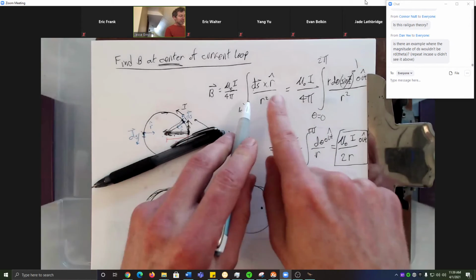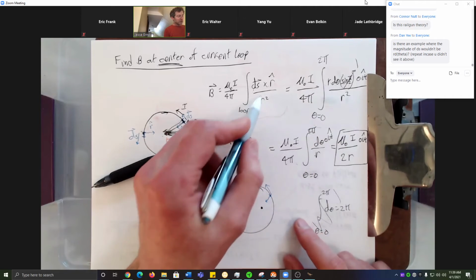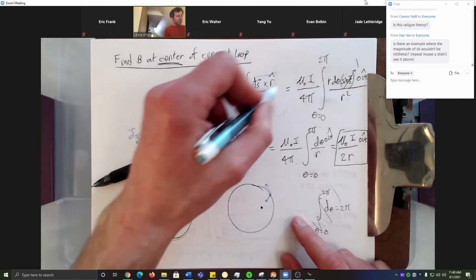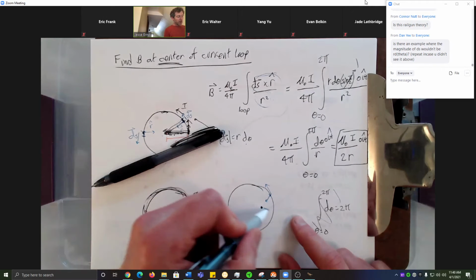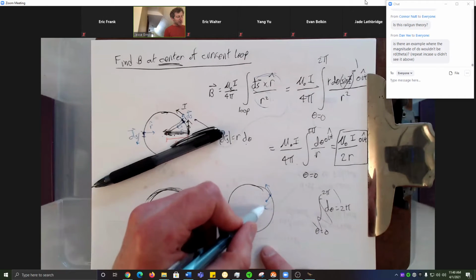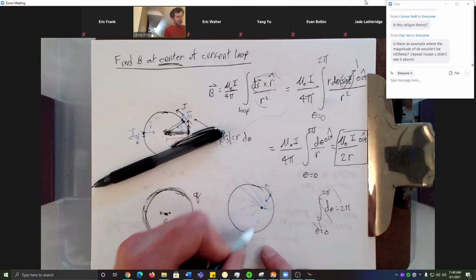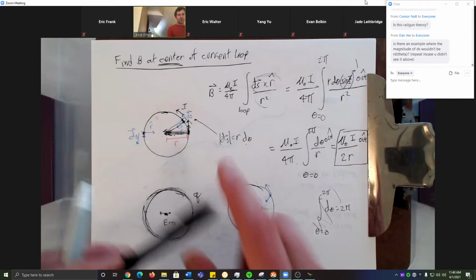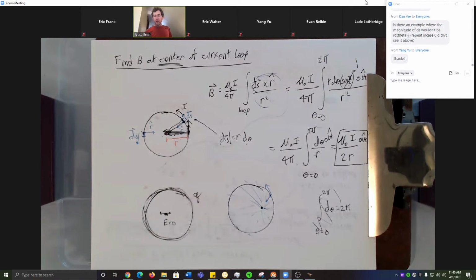So this r would be a function of theta, your distance is a function of theta. This opening angle is a function of where you are. So you'd still integrate from 0 to 2 pi to include all of these elements, but your integral would be much, much harder. So that's why we did this at the center. So an example where the magnitude of ds wouldn't be r d theta? Yeah, we're going to do another example.